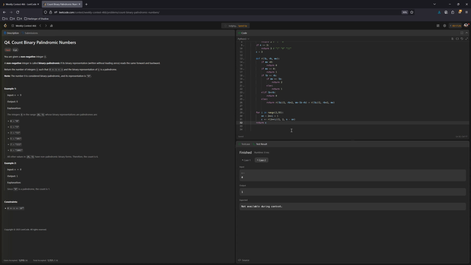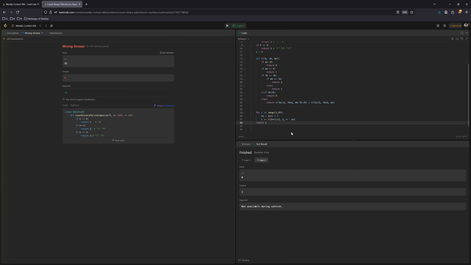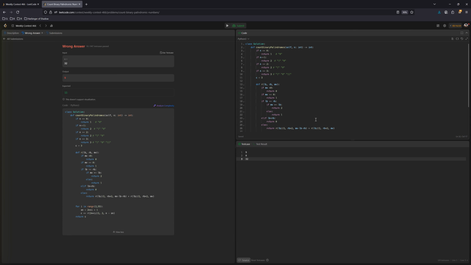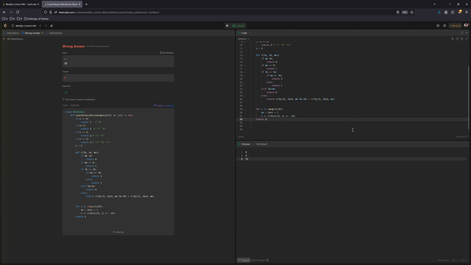Six and one. Wrong answer. Interesting. I thought this simplistic approach would work.